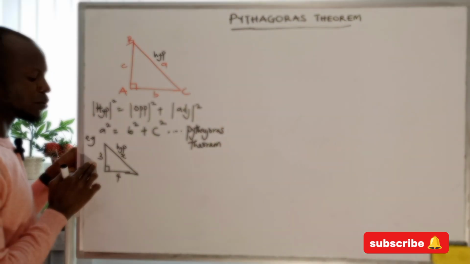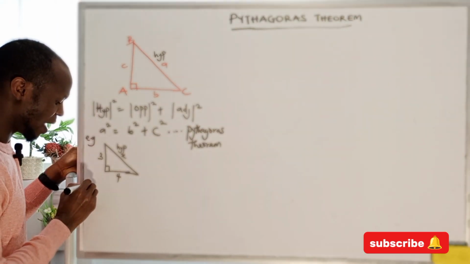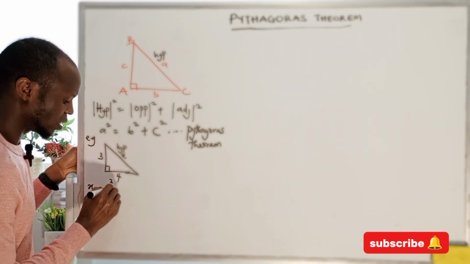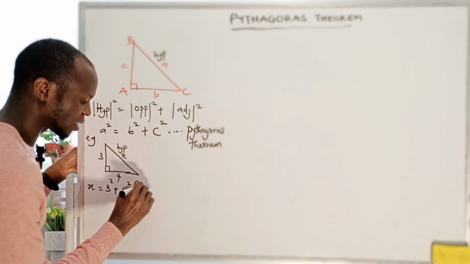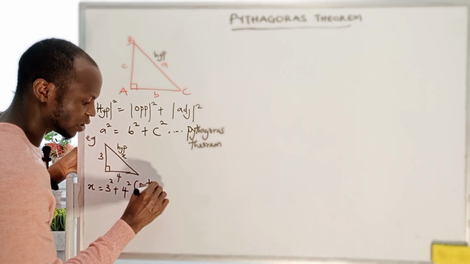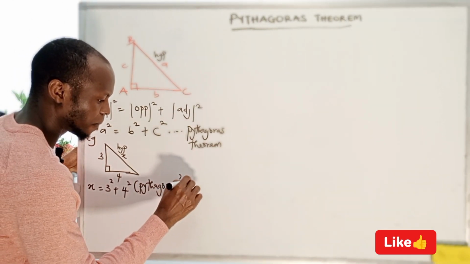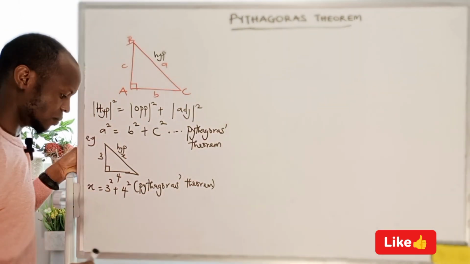This can be my opposite, and this can be my adjacent. So my x equals 3 squared plus 4 squared. Why? Because it is Pythagoras theorem.